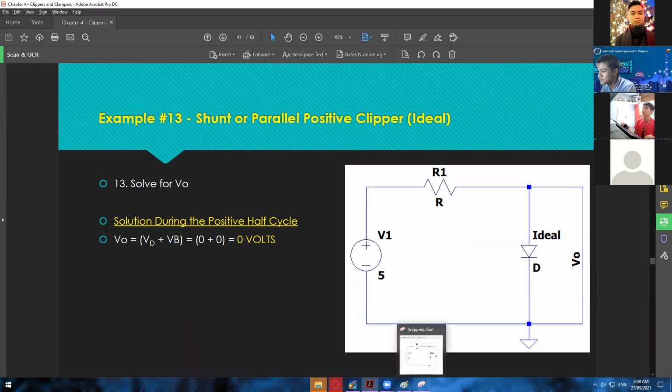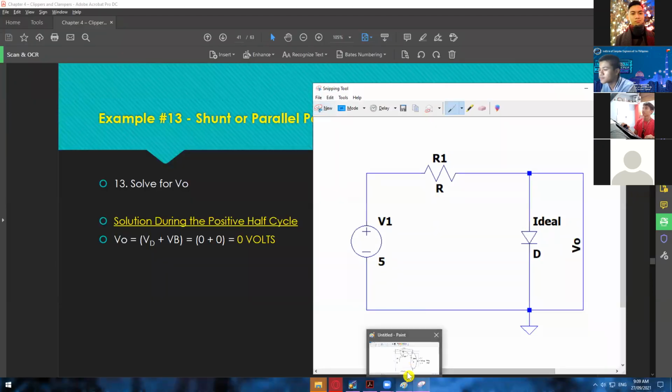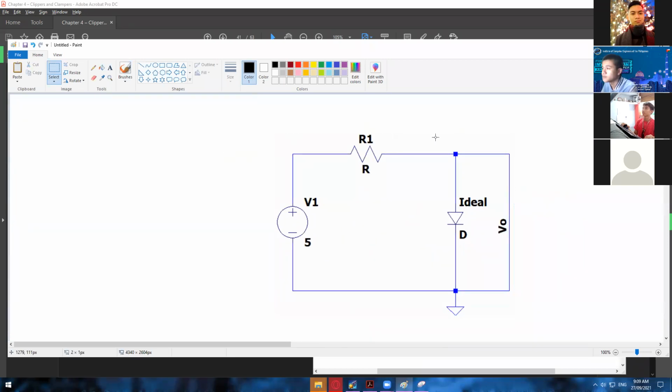That is because at this certain part, we have here an open circuit, right? An open circuit. And then our probe is connected on this, let's say, wire right here, and another probe is connected on this part right here.